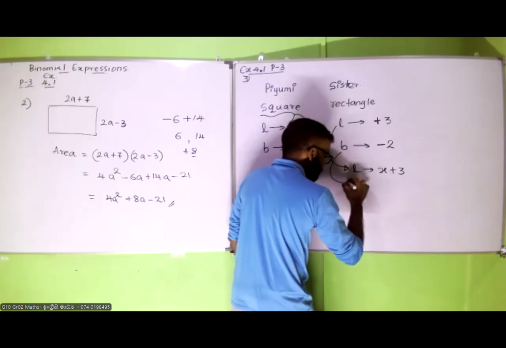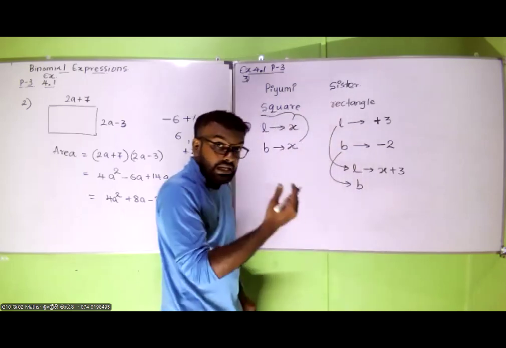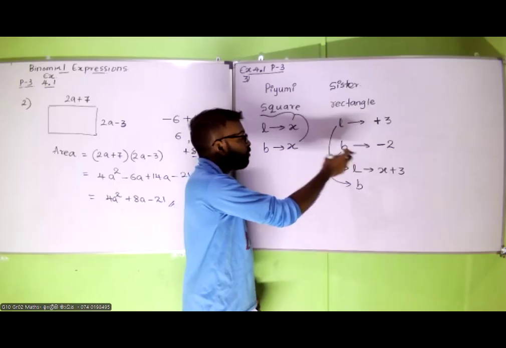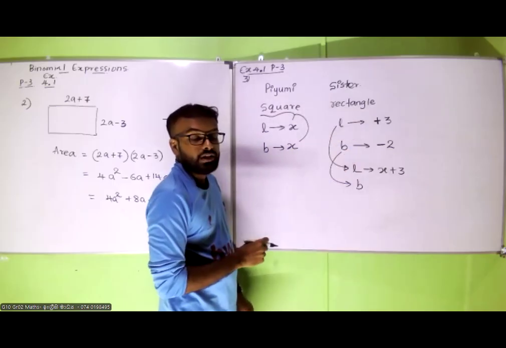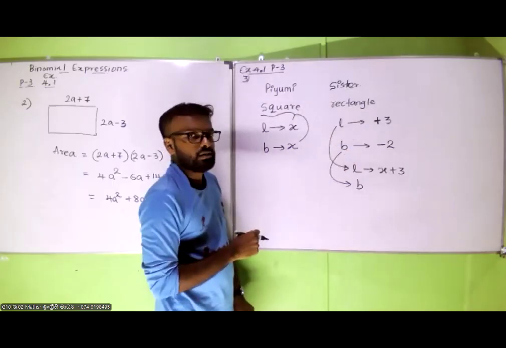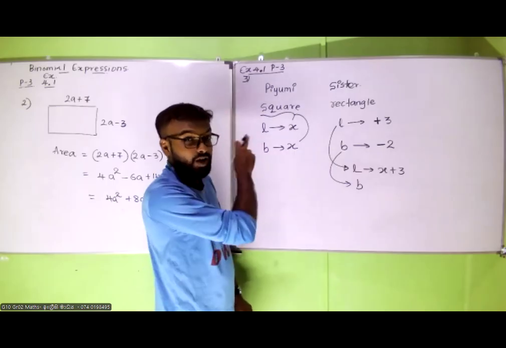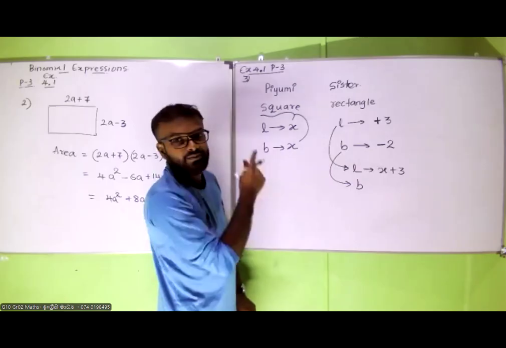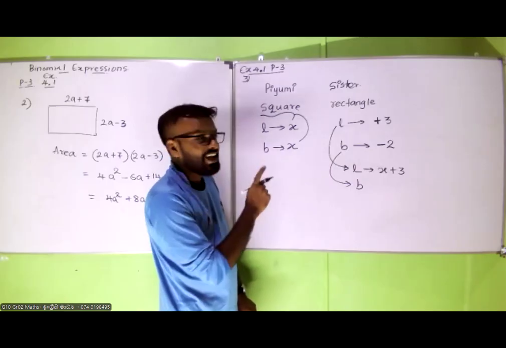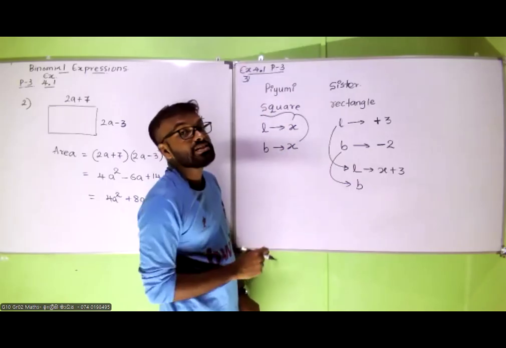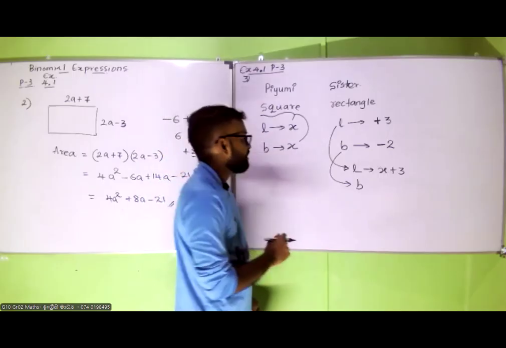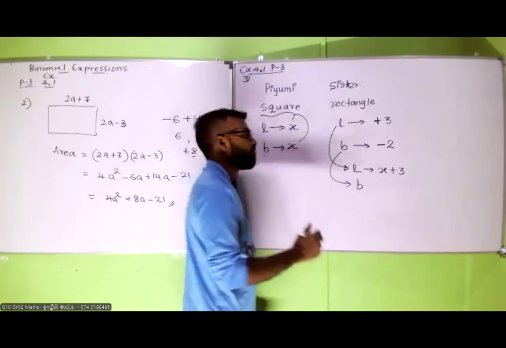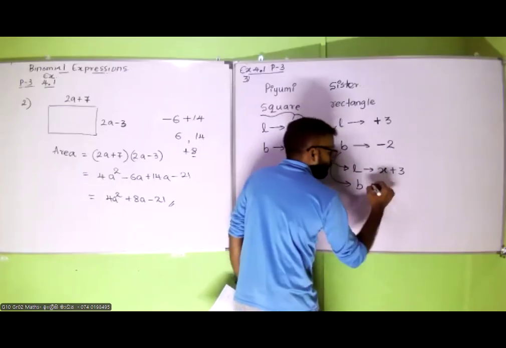Breadth is 2 less when compared to Pumi's flower bed breadth, so it can be written as x minus 2.